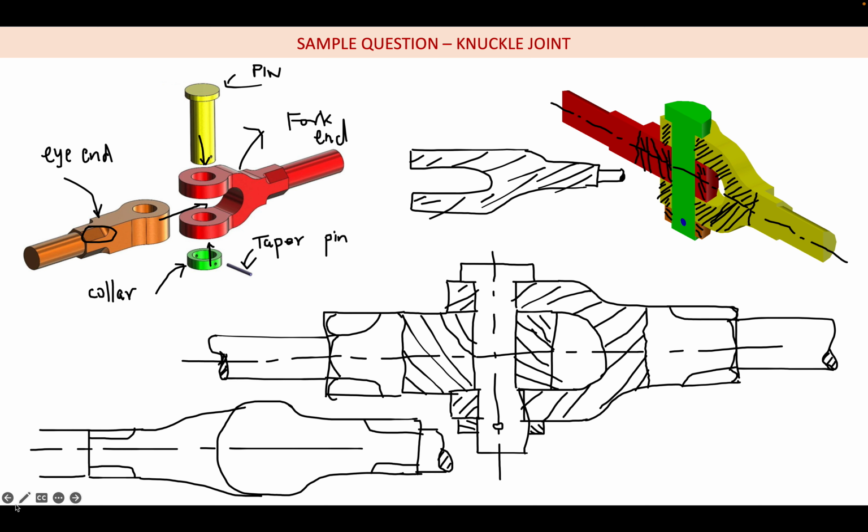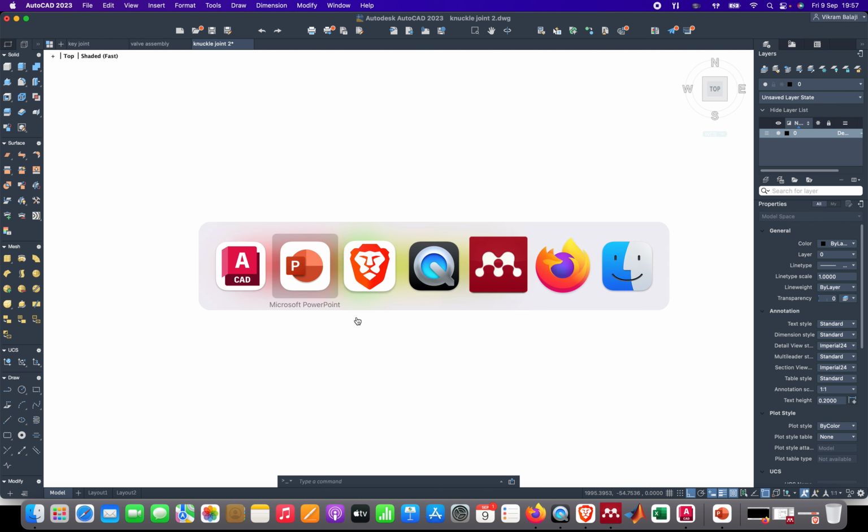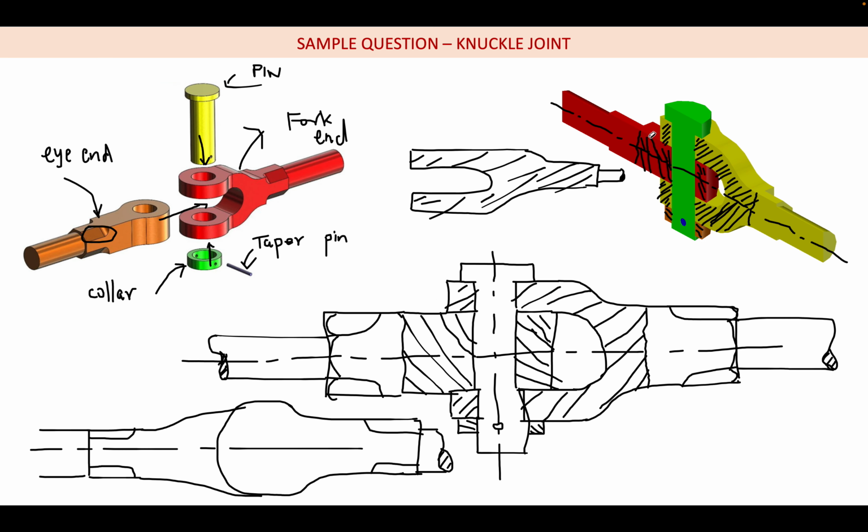So again, if you go to the top view and see, only two circles you are able to see. One is the outer circle of the fork rod, and another is this one, the long pin.